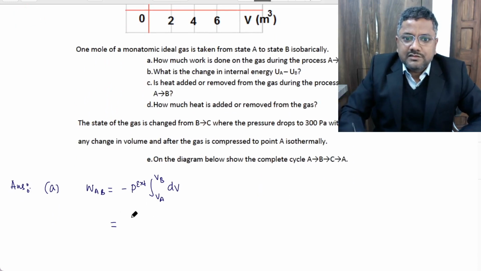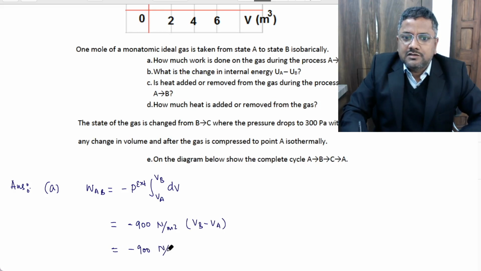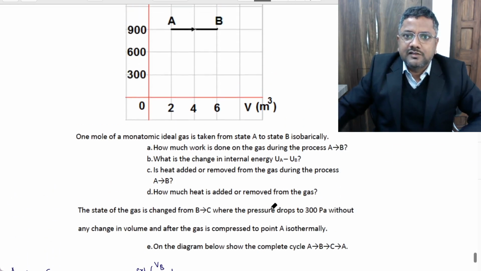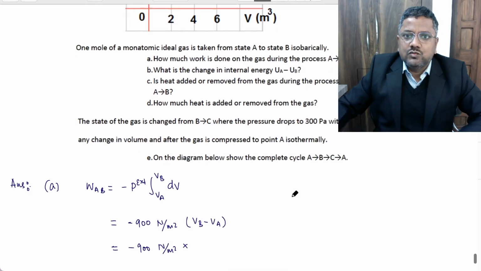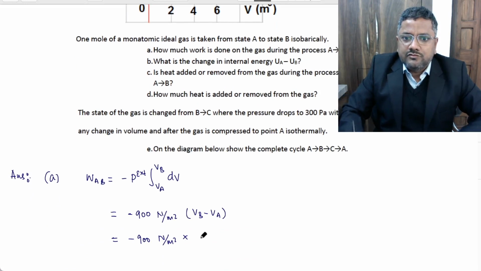So minus 900 Newton per meter square, and VB minus VA. So this is equal to minus 900 Newton per meter square multiplied by VB 6 minus 2, so 4 meter cube, right?